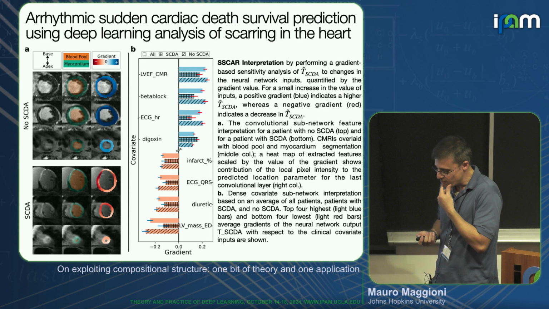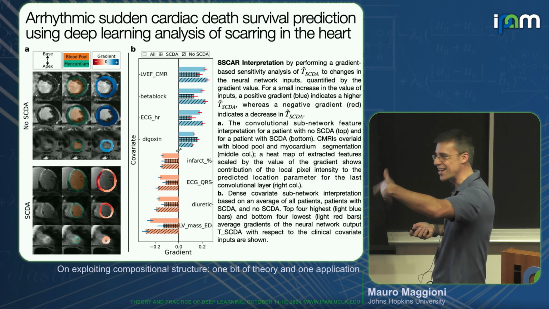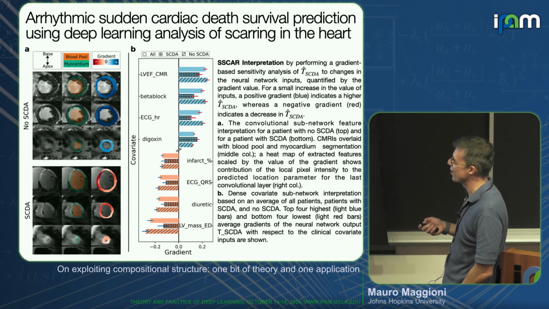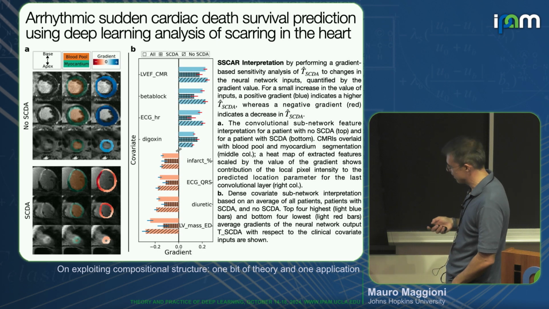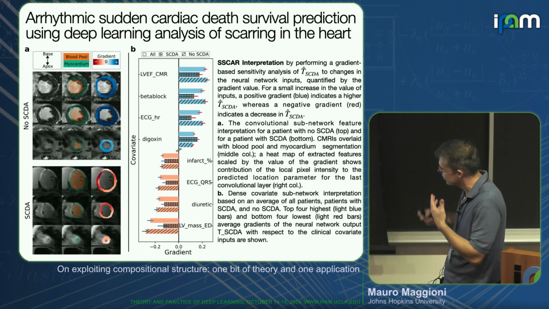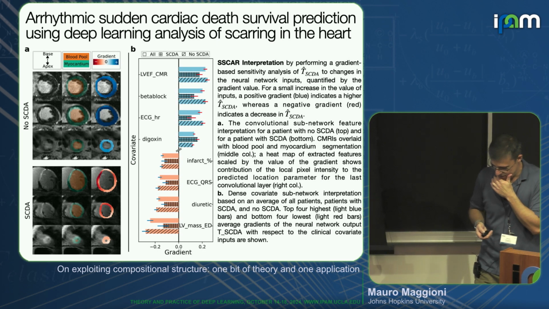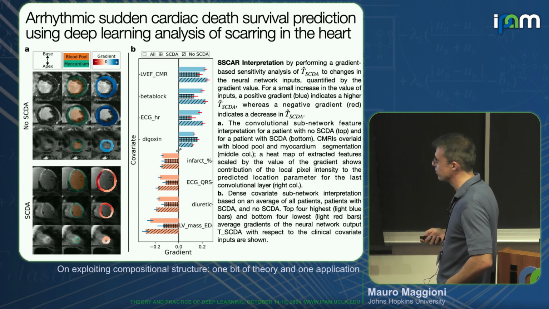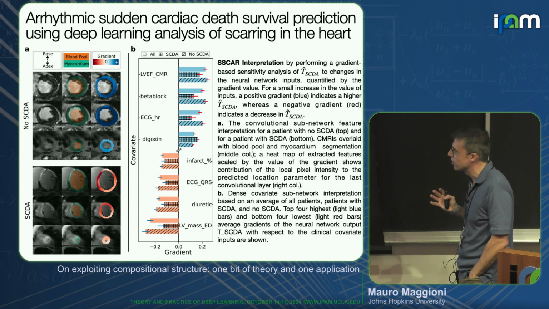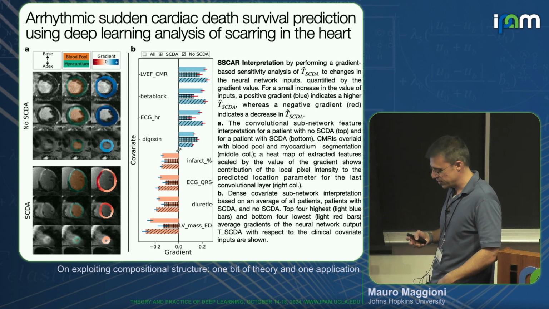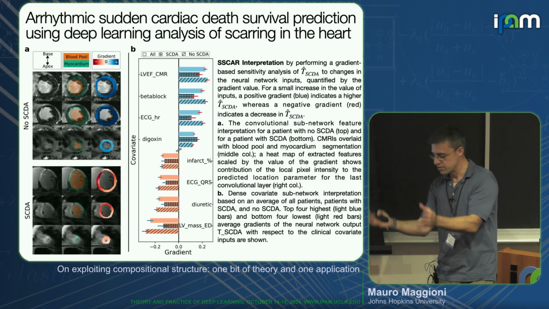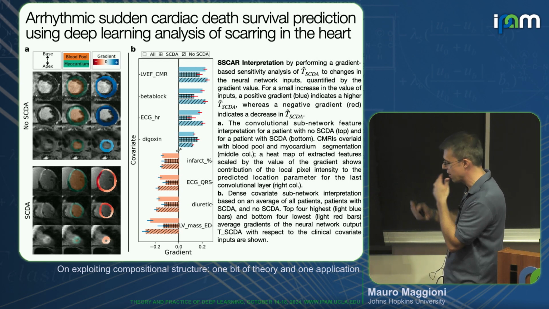And then we also try to interpret what this network is looking at, computing gradients of these networks, and looking at which parts of the heart get emphasized and which clinical variables get emphasized. And by doing this analysis, we discover that the network is not just doing trivial inferences, for example, looking at how big the scar part of the heart is and using that.